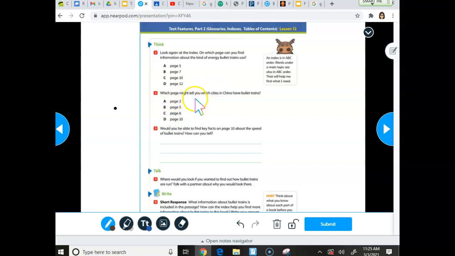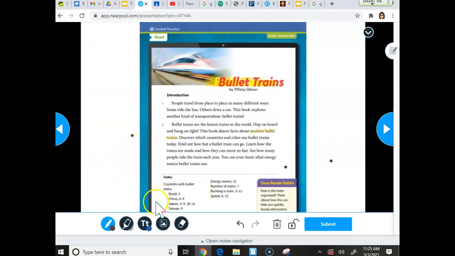Number 2. Which page might tell you which cities in China have bullet trains? Here are your options. All right, so where would you look for China?